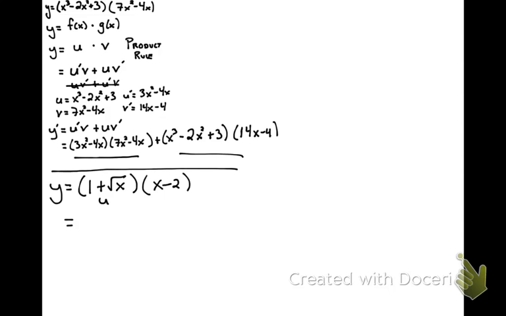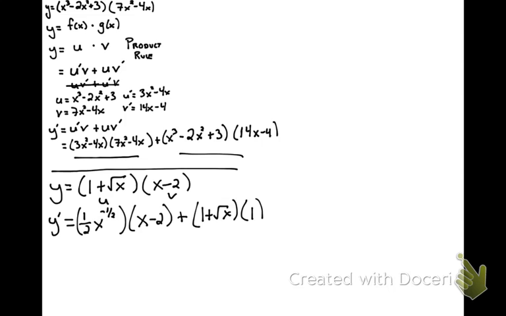Well, the derivative of y, or y prime, is equal to the derivative of the first function, which would be 1/2 x to the negative 1/2, times the second function, in this case x minus 2, plus the first function, 1 plus the square root of x, or u, times the derivative of v, which in this case is 1.